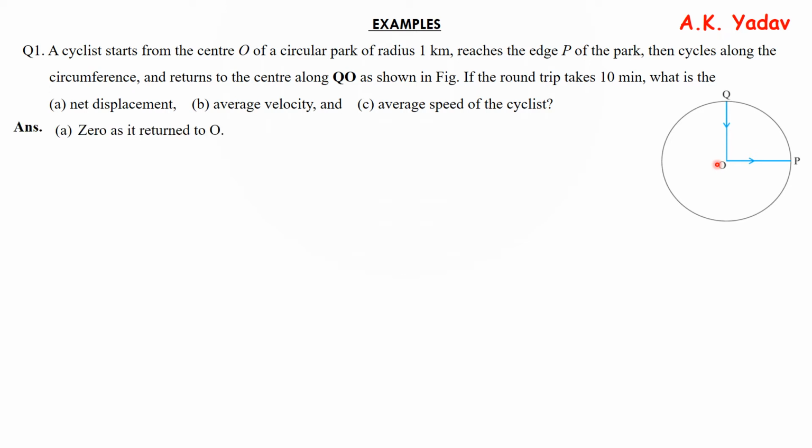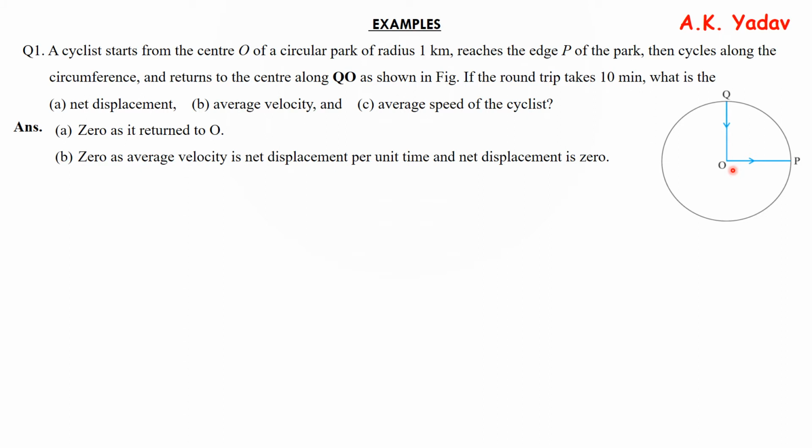So the first one, net displacement is 0 because he started from O and reached O at the end. Average velocity is 0 because average velocity is net displacement per unit time and the net displacement is 0. For average speed, let us first find the total distance, which is equal to OP plus PQ plus QO.